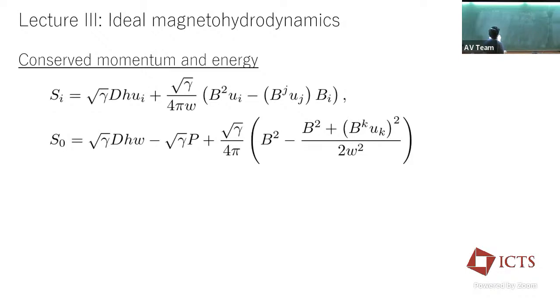Then the B u term here and here cancel out. Sorry, I'm wrong. The B u expression here cancels out by constructing these terms and these terms.